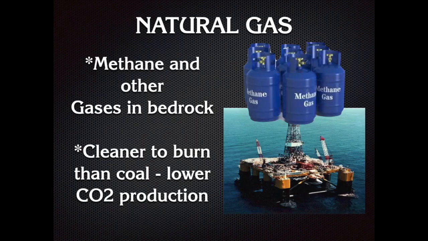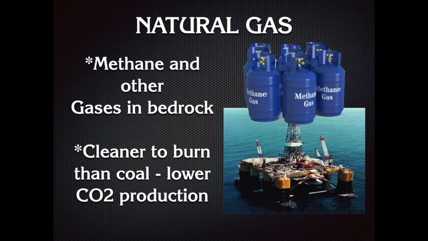Now, natural gas is generally methane, which is CH4. When people burp or pass gas, that would also be methane, CH4. So the breakdown of organic matter, whether it's happening in your body or in nature, will release this gas. Now, this is going to be cleaner to burn than coal.